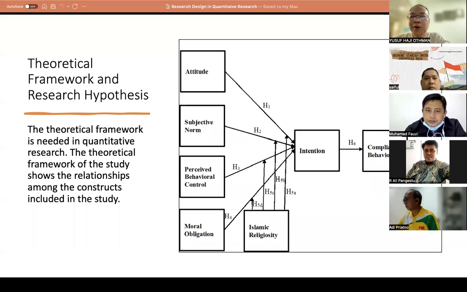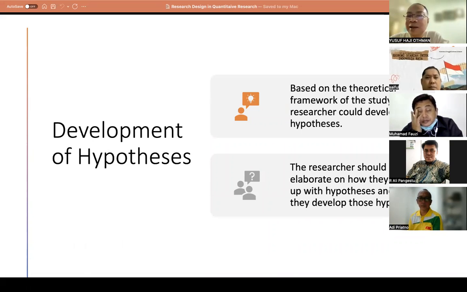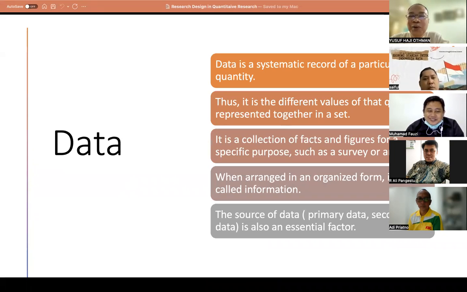So if you want your research to be very rich, yeah, you can combine quantitative with qualitative data, if time permits. Yeah. So depends on how fast you work, how efficient you work.